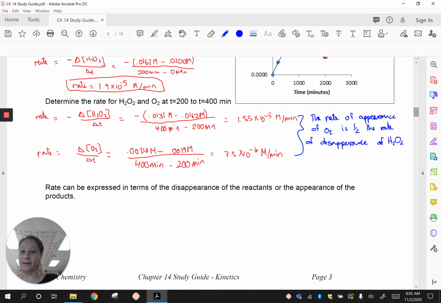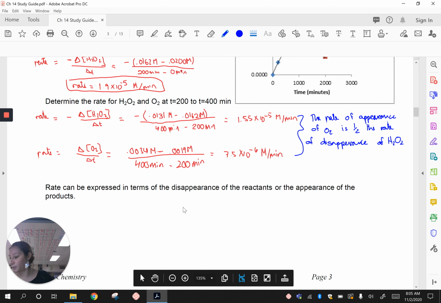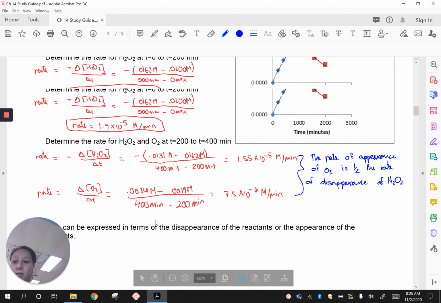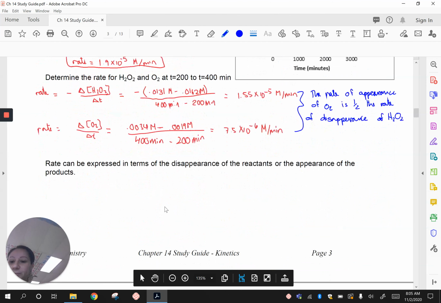And again, we can see that from our molar ratio there in the equation. The rate can be expressed in terms of, like we just said, the disappearance of the reactants or the appearance of the products. And we can relate them based on the molar ratio like we just saw.